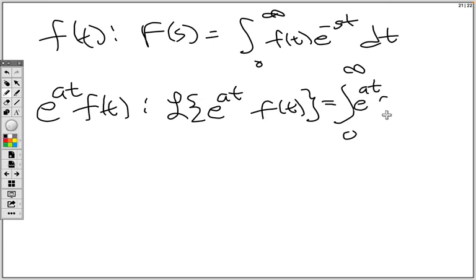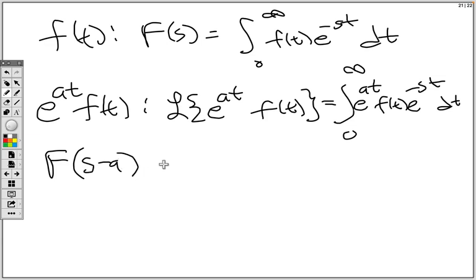So the integral of e to the at f of t e to the minus st dt. Now if I look at F of s minus a, what would that be? Well, I go up to my F of s, and everywhere I see an s, either literally or in my mind's eye, I'm going to replace that s with the quantity s minus a.